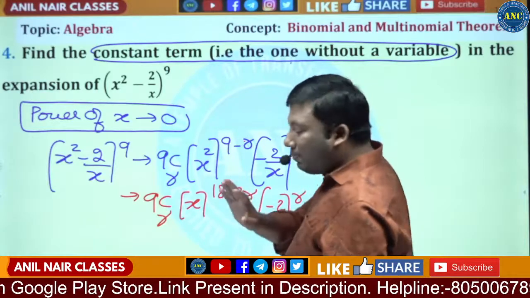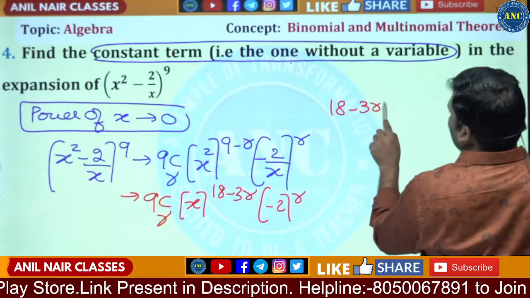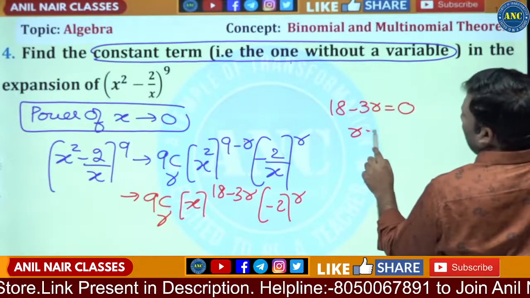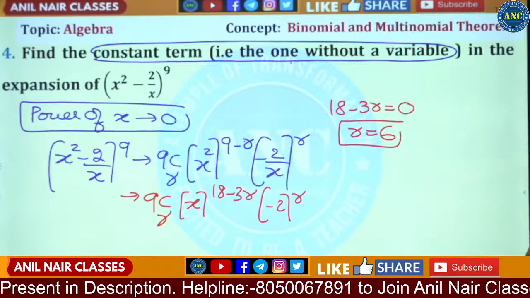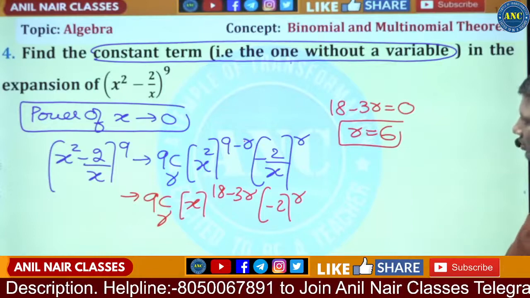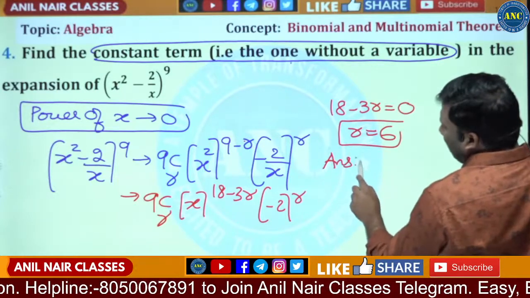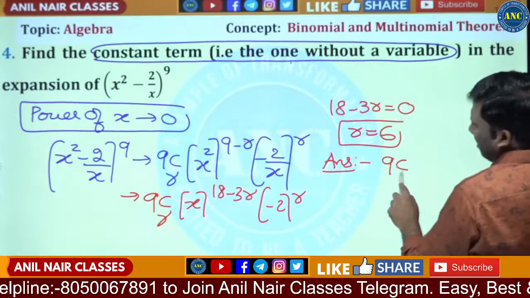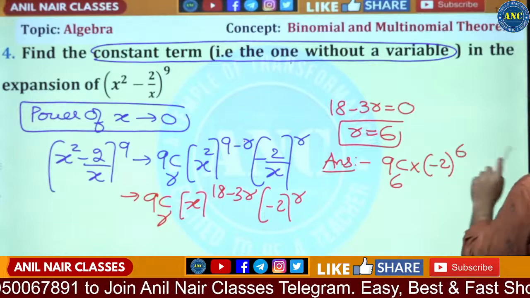Constant term means the power of x should be 0, so 18 minus 3r equals 0, r equals 6. If r is 6, the answer is 9C6 into (minus 2) power 6.